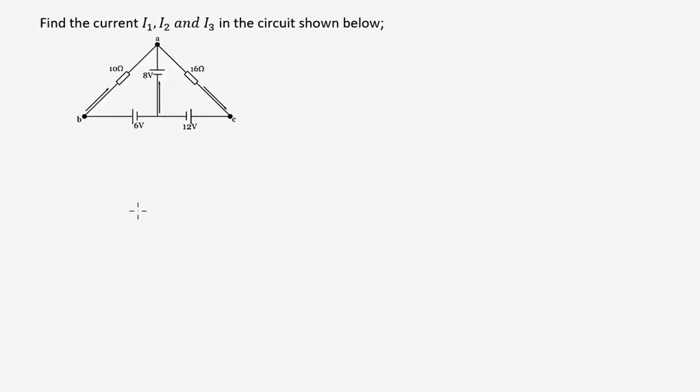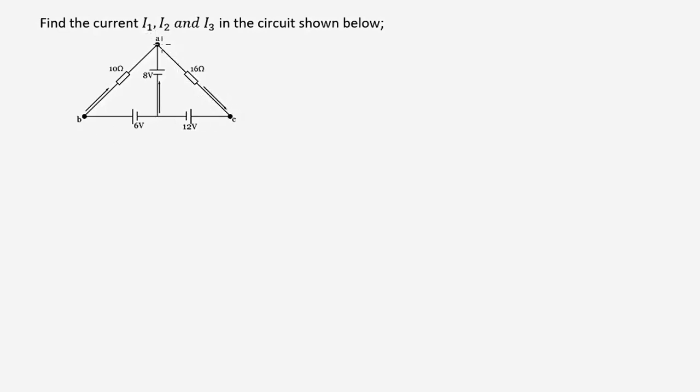So with this, let's say we have the current flowing through this, into this, flowing here, into this, and flowing out this way.